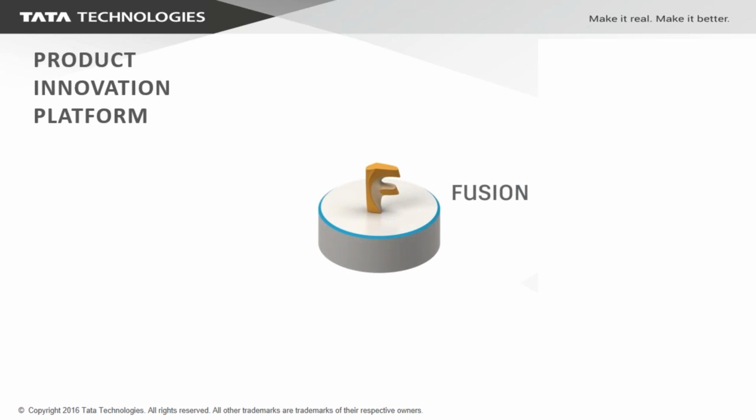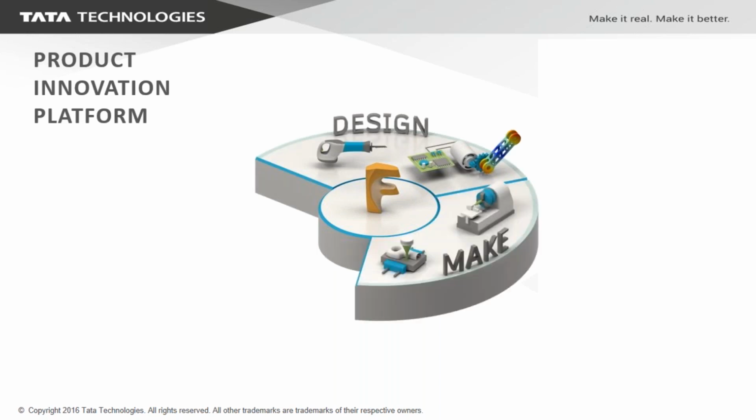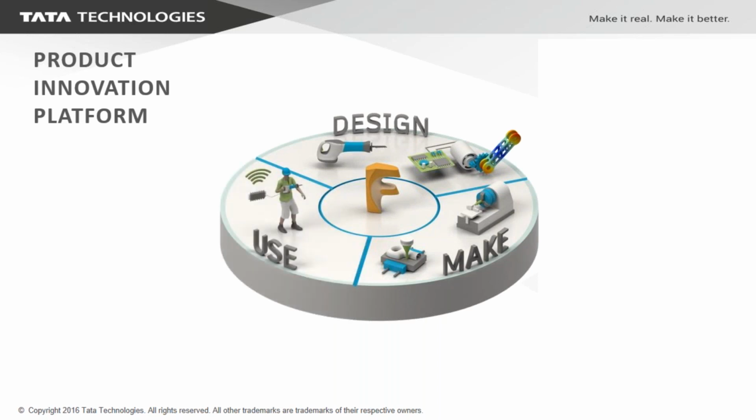So Fusion is really uniting all the various design disciplines, the design part of the management, being able to make things with some of the CAM capabilities and so on, and then to be able to use things more effectively.